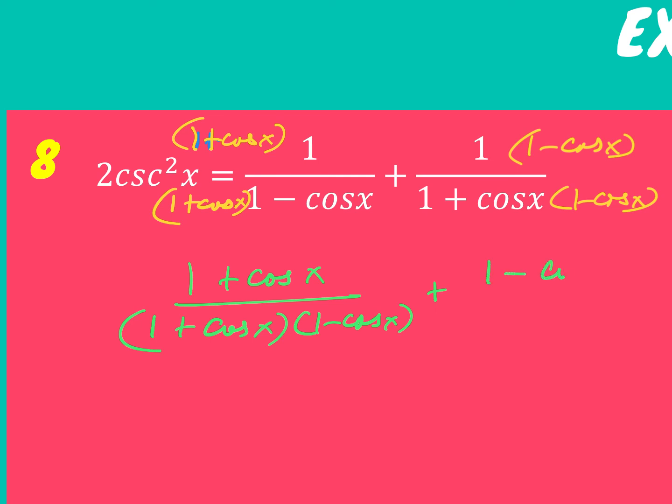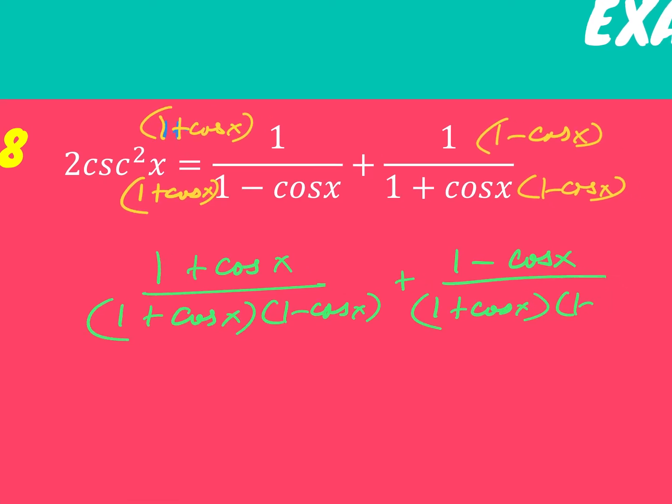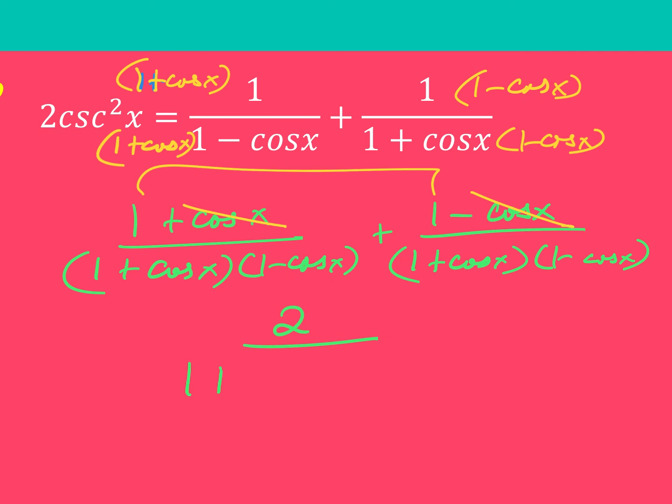And then here's the 1 minus cosine x over the same thing, 1 plus cosine x, 1 minus cosine x. Now I need to combine my like terms. So in the numerator, the cosines cancel, but then again, I get the 1 plus 1, and I get 2. So now I have 2 in the top, and then I have the same denominator now.